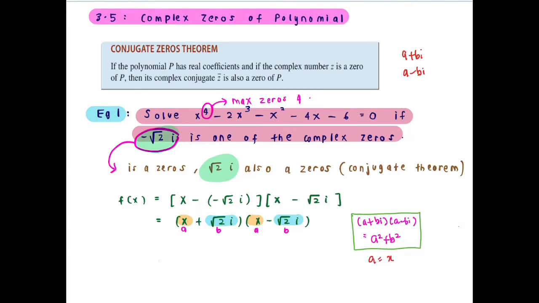Your a now is equal to x. Your b now is equal to 2. So let's open up the formula: a squared plus b squared. Let us expand. x squared is just x squared, plus 2 squared, which is equal to 4.